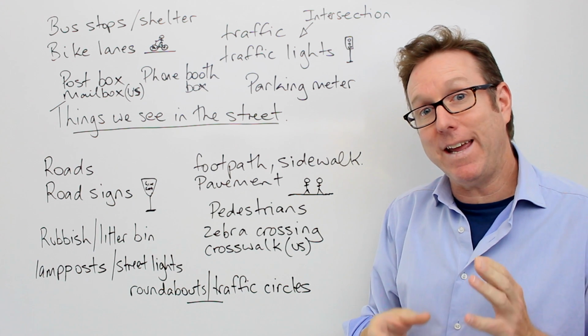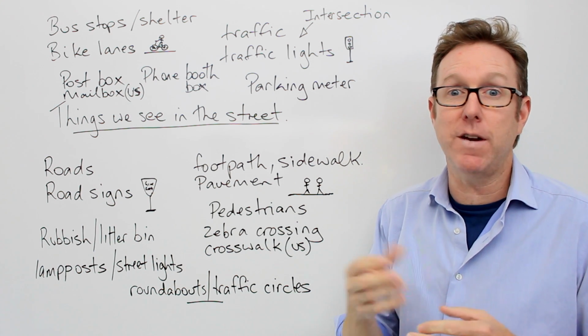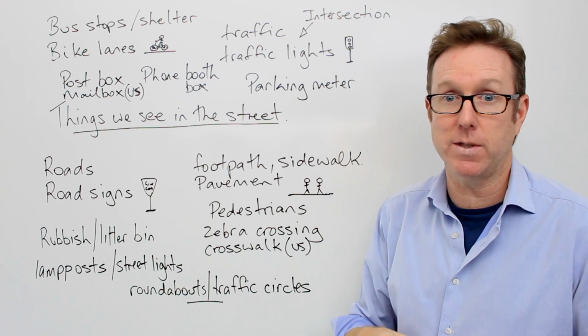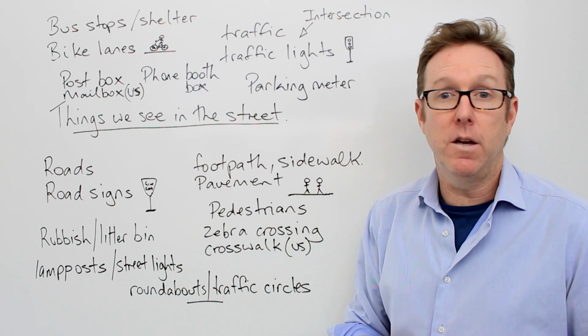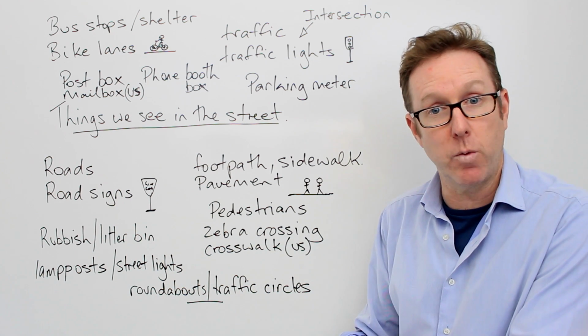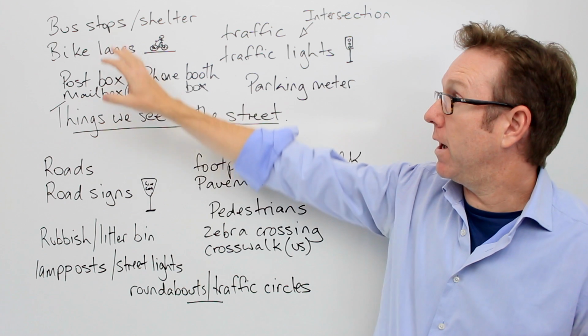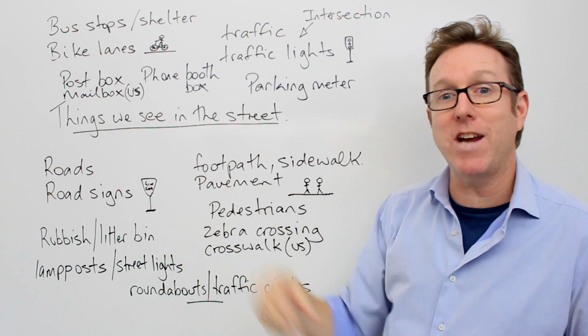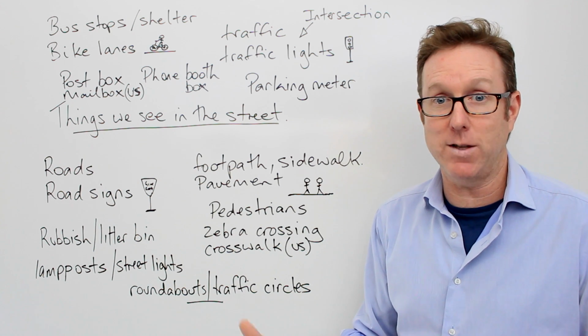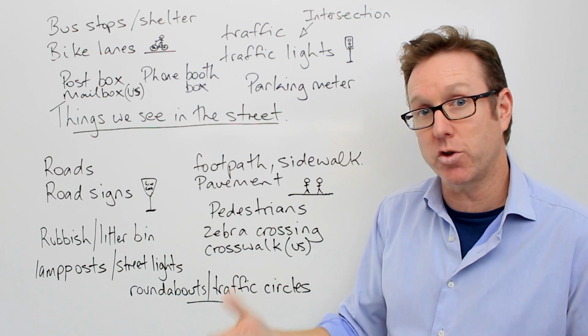Now remember, in English we have different words for different things in different countries, okay? So sometimes in the USA they use one word, in the UK they use another word, in Australia we use another word. But I'm trying to give the general examples that everybody normally understands when we talk about things we see in the street.